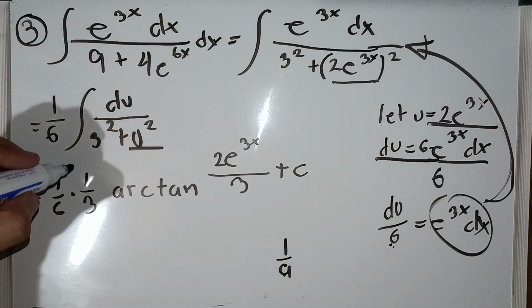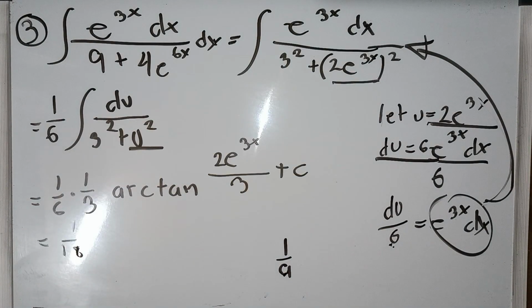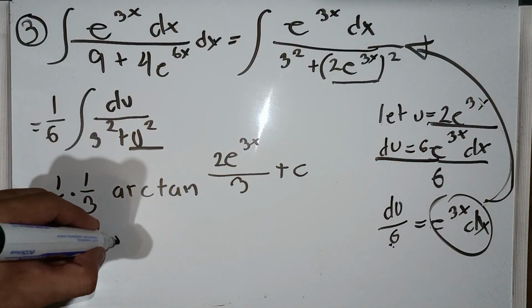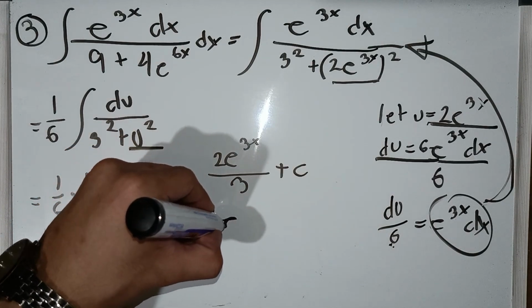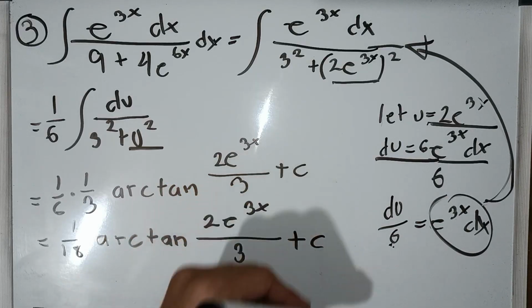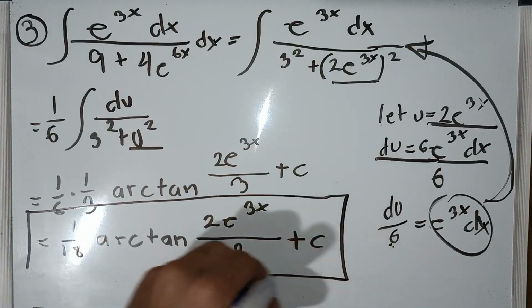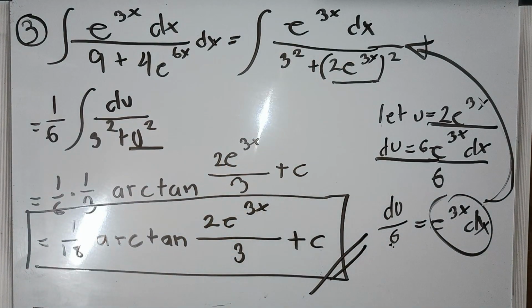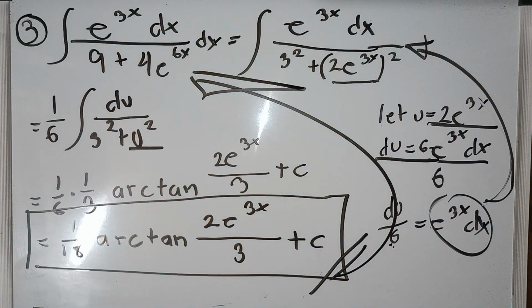Multiplying these gives us 1 over 18 arctan of 2e raised to 3x all over 3 plus c. So again, this is the integral that we get from our given, the integral of e raised to 3x dx all over 9 plus 4e raised to 6x.